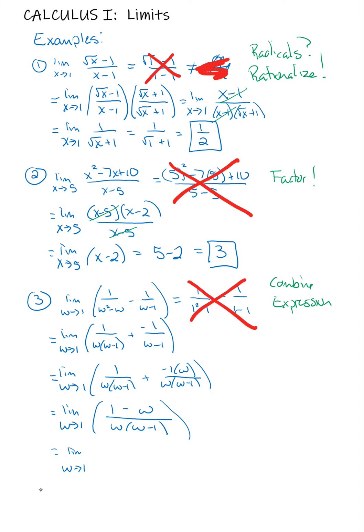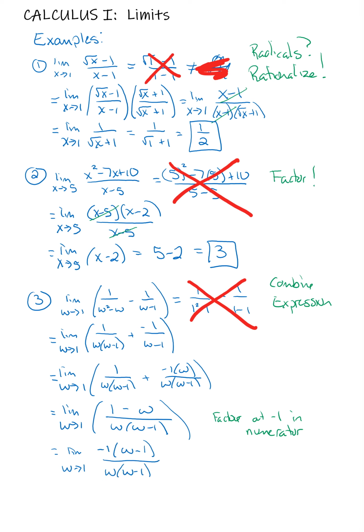I'm going to factor out a -1. Right, that's what's going on here. Notice what happens when I factor out a -1 from that numerator. I would end up with -1 plus w, which I could turn around and write as w minus 1.